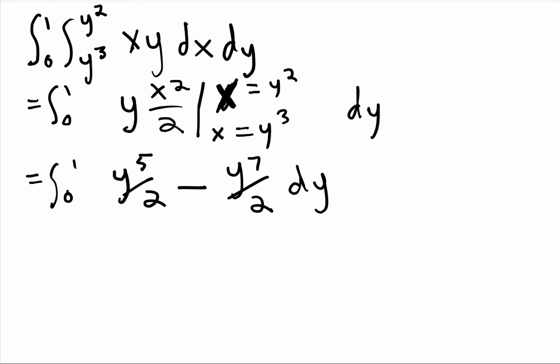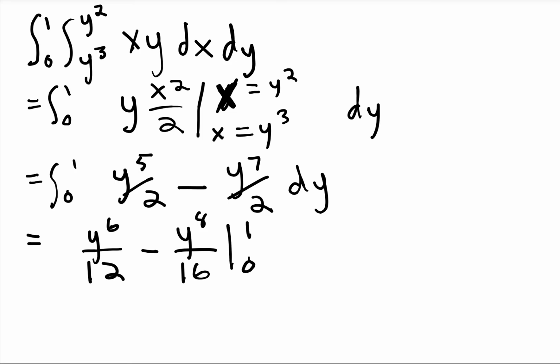Okay. At this point, this is a straight up calculus 1 antiderivative problem. Power rule thrown at this, I will get y to the 6th, divide this thing by 6, I'll get a over 12. Minus a y to the 8th. If I divide this thing by 8, I'll get that this is over 16.